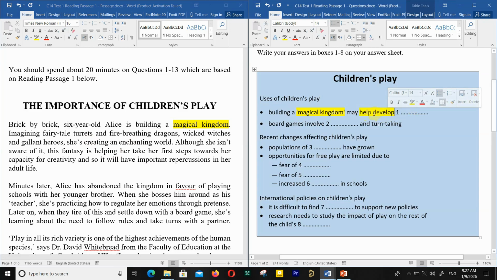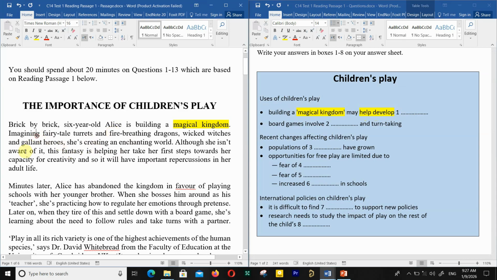Now you look for may help develop what? Imagining fairy tale turrets and fire-breathing dragons with witches and gallant heroes. She's creating an enchanting world, although she isn't aware of it. This fantasy is helping her take her first steps towards her capacity for creativity.